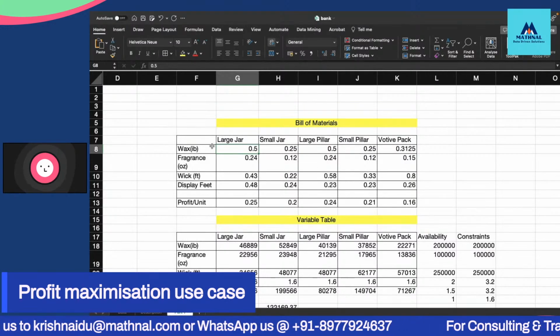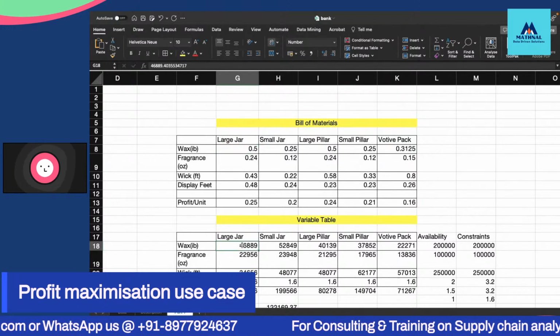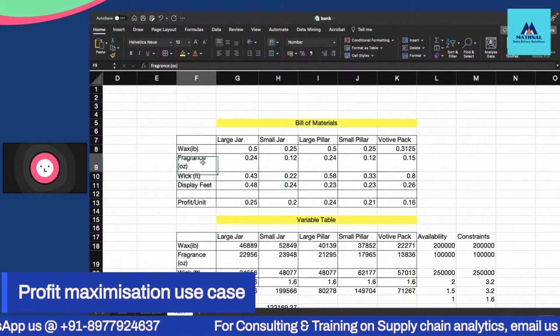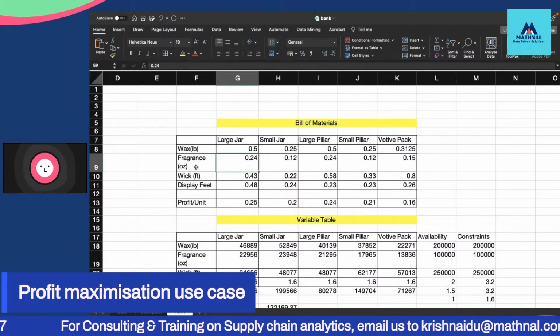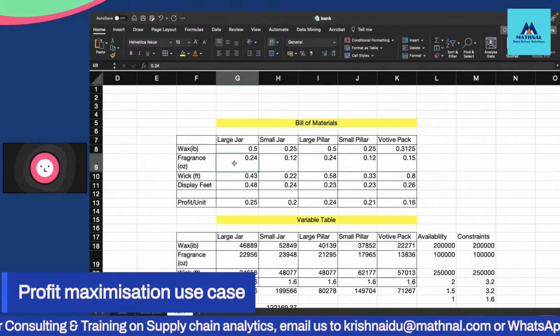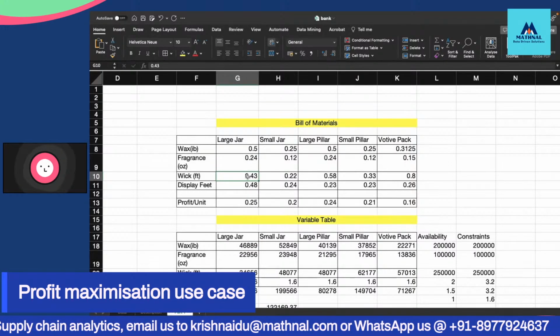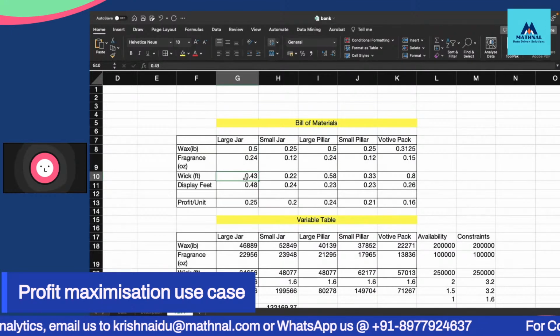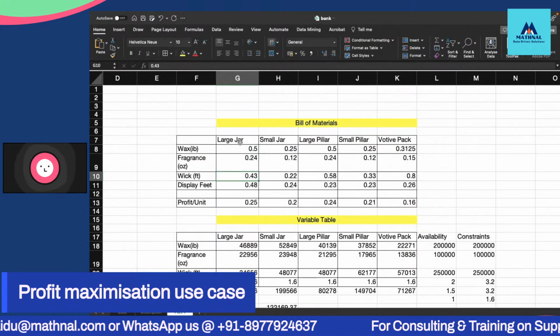So from this 0.5 pounds of wax, how many units of large jar can we produce? From this 0.24 ounces of fragrance, how many units of large jar can we produce? Right, 1.43. So for 1 unit of large jar, we require 0.43. For 1 unit of large jar, we require 0.48.